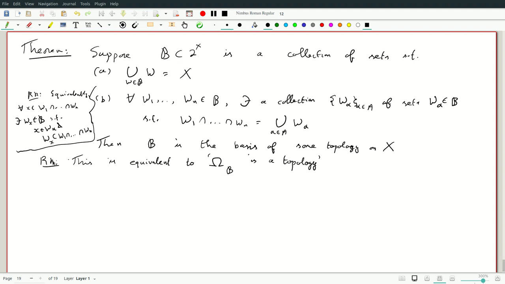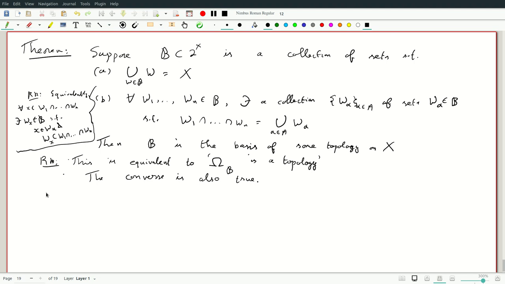And the converse is also true, that we essentially saw. If the first condition is violated, then X is not open, and if the second condition is violated, then we have sets, namely these basic sets themselves, whose intersection is not open. So these are the conditions on the topology.